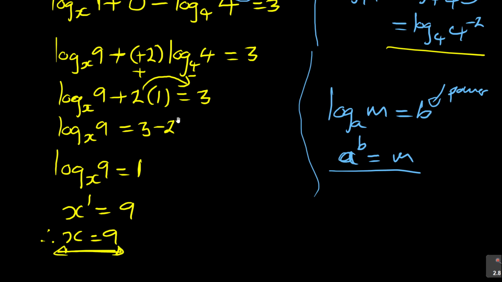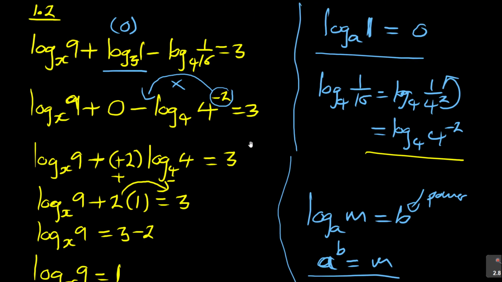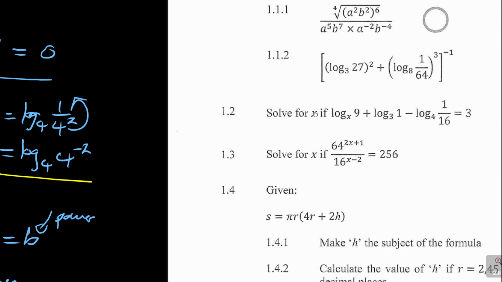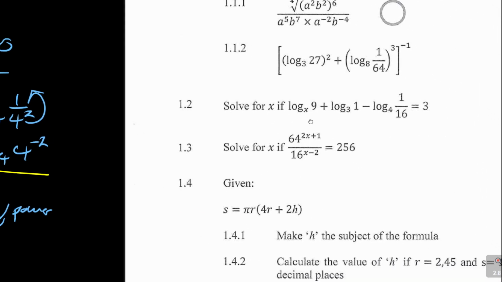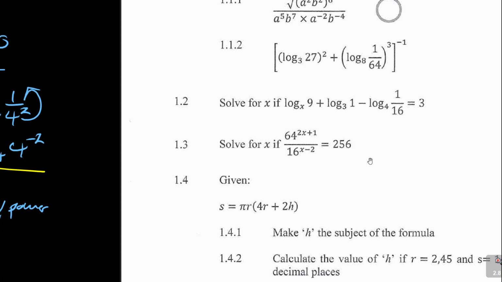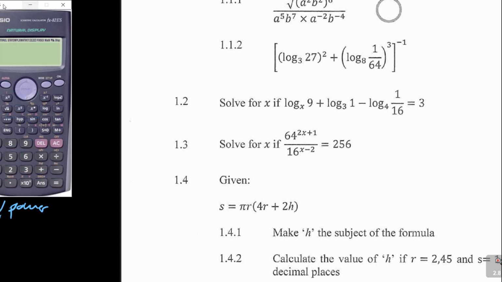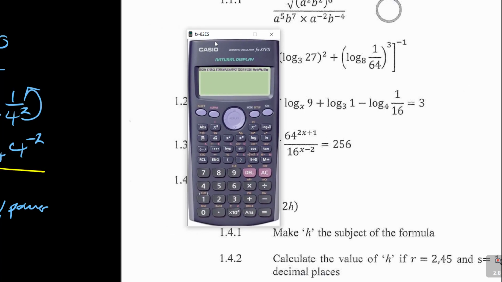That's the answer that you get there. Alright, but as I said, with solving for x, the good thing is always test it. So you go to the original here, and where there is x, you put a 9. And then from there, you check if the left hand side balances the right hand side. So log base 9 of 9, which is 1, and then plus log base 3 of 1.